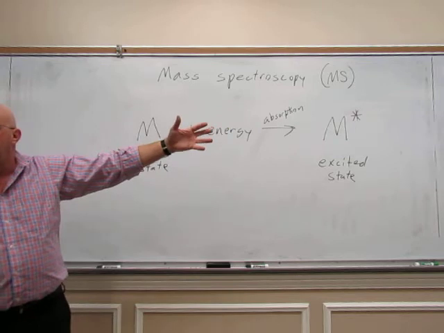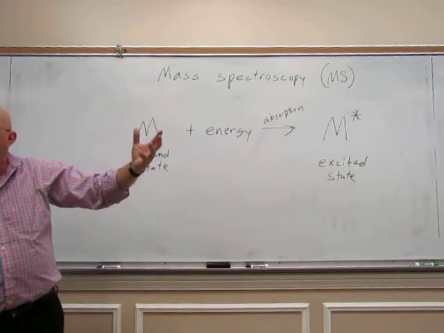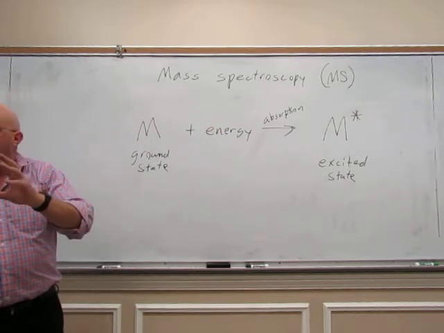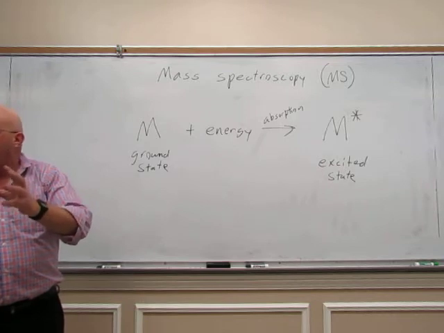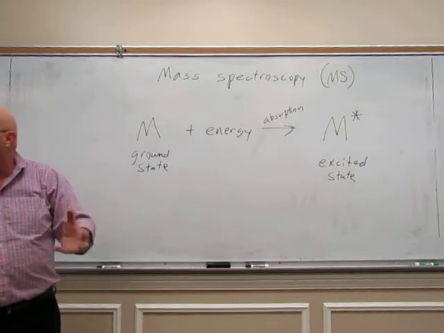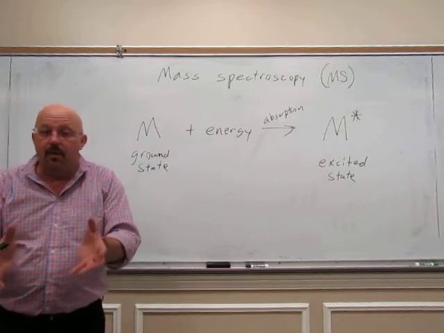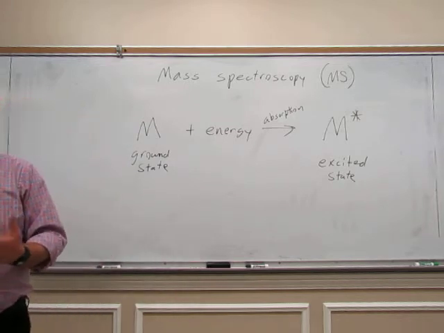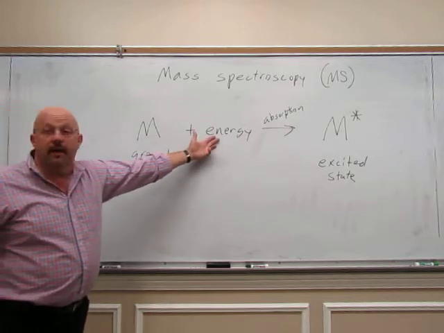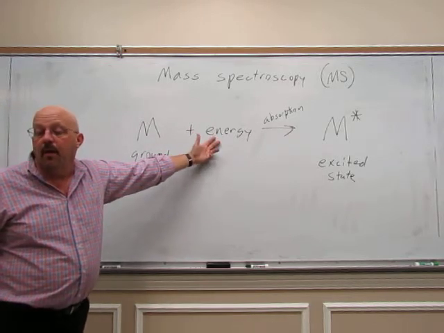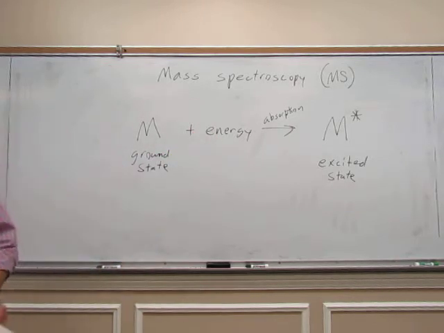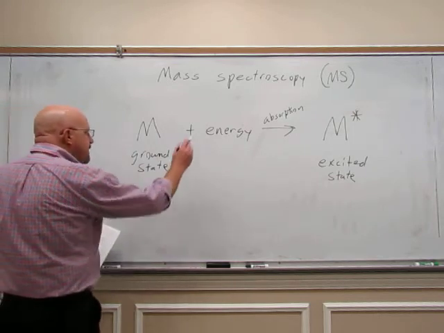Infrared's all about stretching and bending vibrations of the bonds, so we learn what functional groups we have. We didn't get to do the NMR here today, but NMR uses radio waves for its energy. Mass spec is a little bit different, but basically the same.